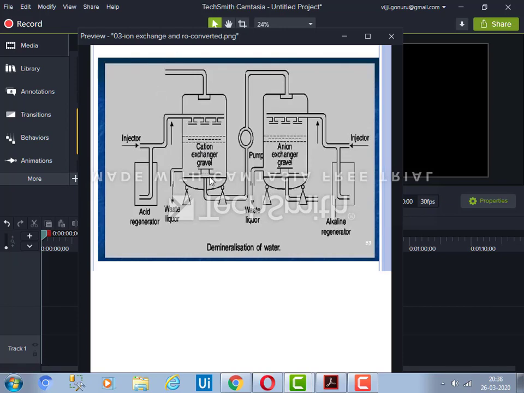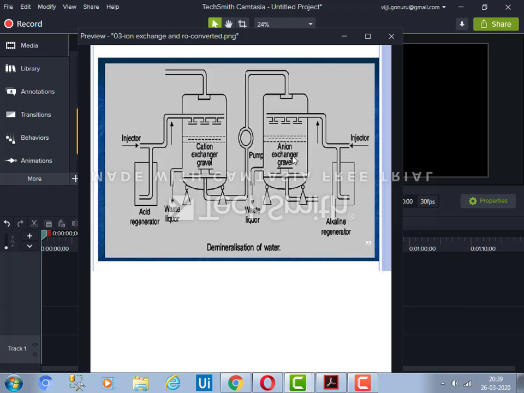Then the water is sent to the anion exchange resin with the help of a pump. When the water passes through the anion exchange resin, the anions, bicarbonates, chlorides, sulfates and nitrates, are replaced with OH minus. When H+ replaces the cations, the H+ is released into the water sample.